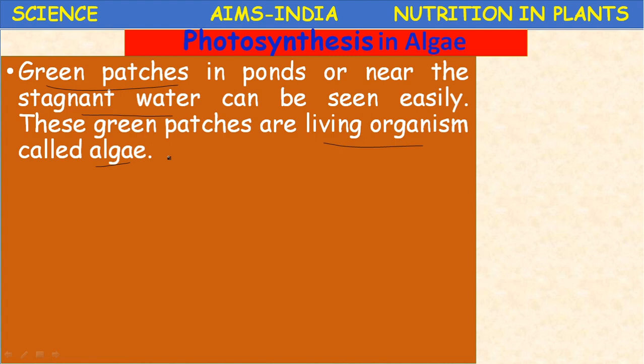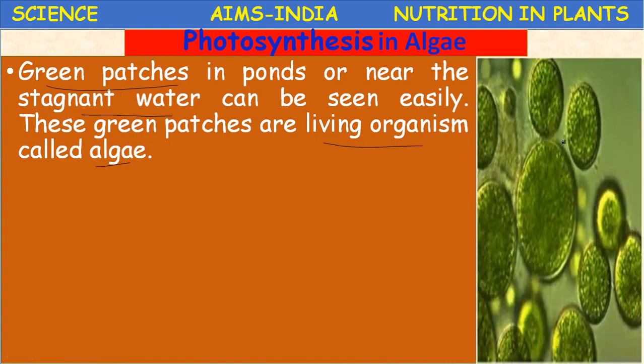These green algae are present like patches. They are different, like diatoms, one type of green algae. They are called Spirogyra. They are filamentous algae, Chlamydomonas.